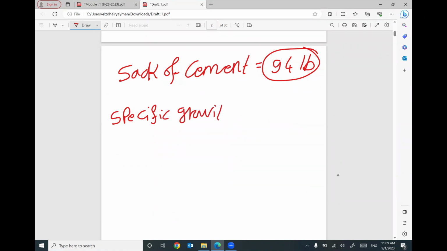Yes. Specific gravity in a very simple way equals gamma of this material divided by gamma of water. This is a ratio between the unit weight of your material, whatever the material, cement, sand, gravel, anything, and the unit weight of water. This ratio is called specific gravity.